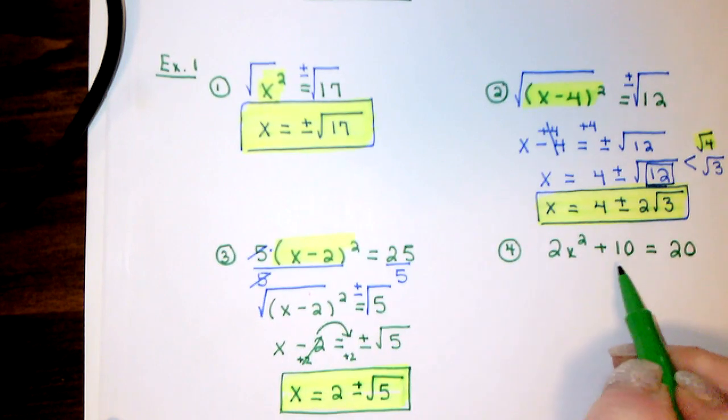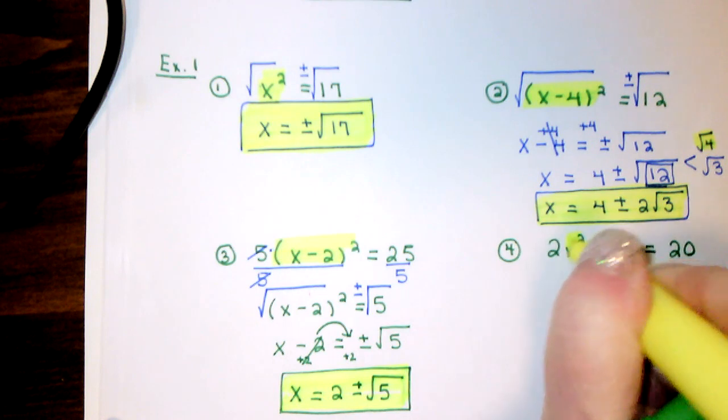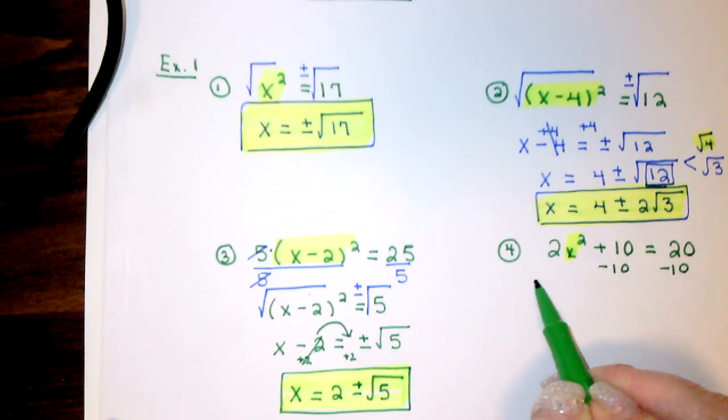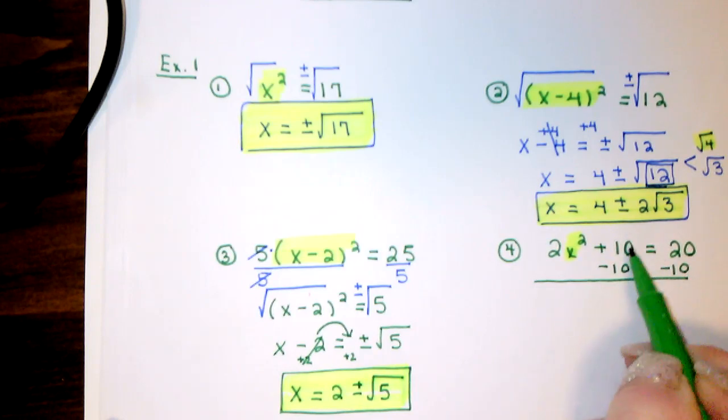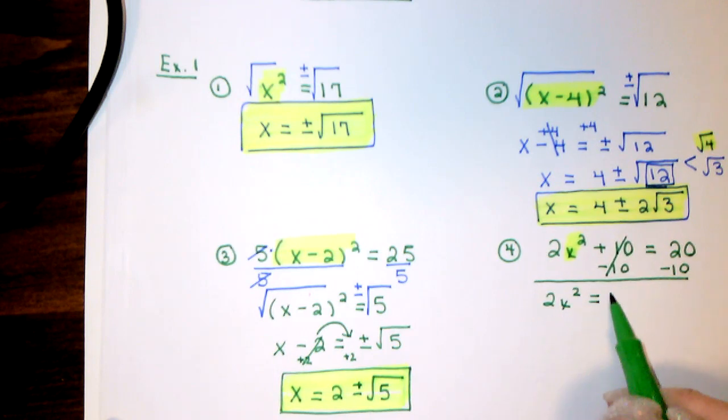And the last one, number 4. Notice that we have the x squared right here. So we're going to have to first subtract our 10 because we're trying to isolate the x squared. We're going to bring down 2x squared equals 10.